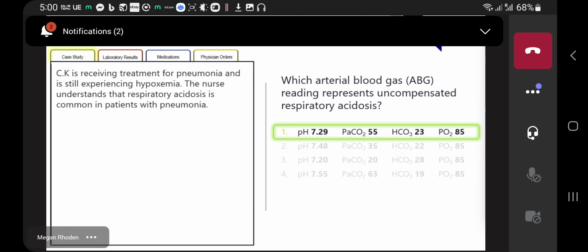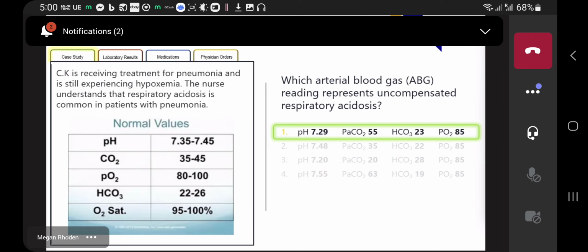So for those of you who need a refresher for ABGs, let's look at these normal values. Normal pH is 7.35 to 7.45. So number two and number four, 7.48 and 7.55, are higher than the expected pH, which tells us they represent alkalosis.